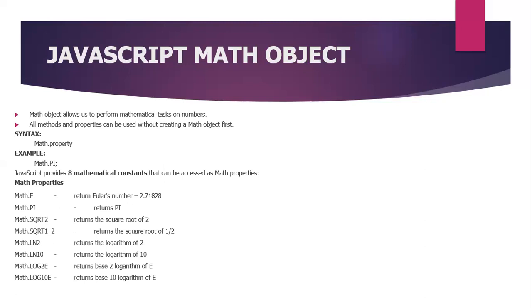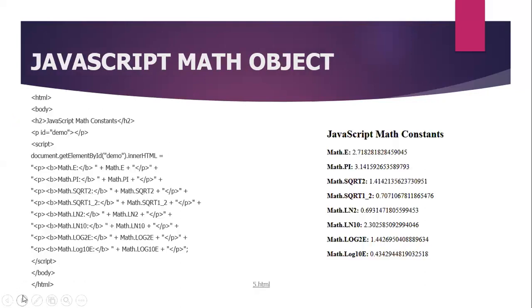Math.LOG2E returns the base 2 logarithm of e. Math.LOG10E returns the base 10 logarithm of e. This is an example. In document.getElementById.innerHTML, I can print the mathematical values by calling the built-in Math properties, the same properties which I explained in the previous slide. If I give this, the corresponding values will get printed.